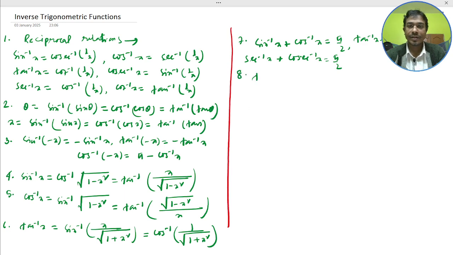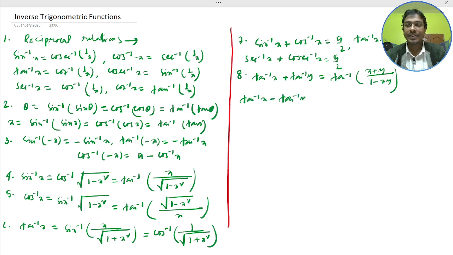Next, tan inverse x plus tan inverse y is equal to tan inverse of x plus y divided by 1 minus xy, and tan inverse x minus tan inverse y is equal to tan inverse of x minus y divided by 1 plus xy.